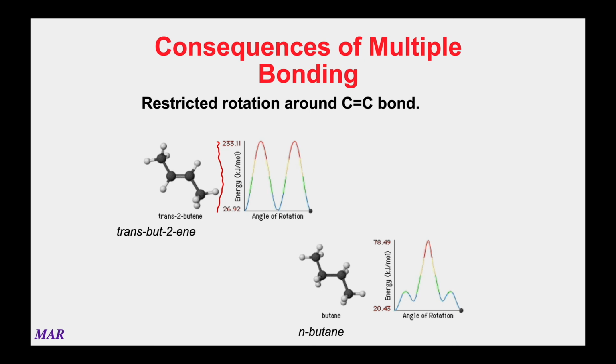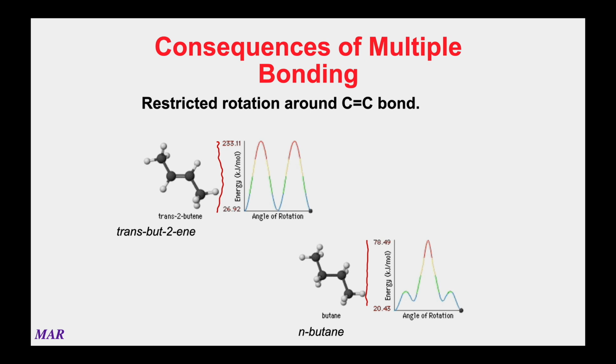So it's about 200 kilojoules per mole difference, roughly, between those two values. In the lower right-hand corner, it's 78.49, which is about 80, and the other one's about 20. So 80 minus 20, it's about 60 kilojoules per mole difference. And there's a big difference between 200 kilojoules and 60 kilojoules. And that is what allows the single bonds to rotate pretty readily.